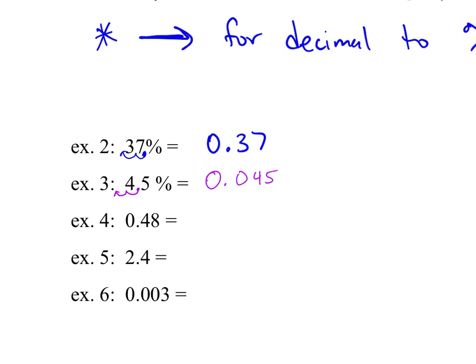Zach, 0.48 is a decimal. Let's make it a percent. 48%. 2 places, the opposite direction. Molly, 2.4 as a decimal. What is it as a percent? 240%. And notice I'm putting the percent sign every time I'm making it a percent.